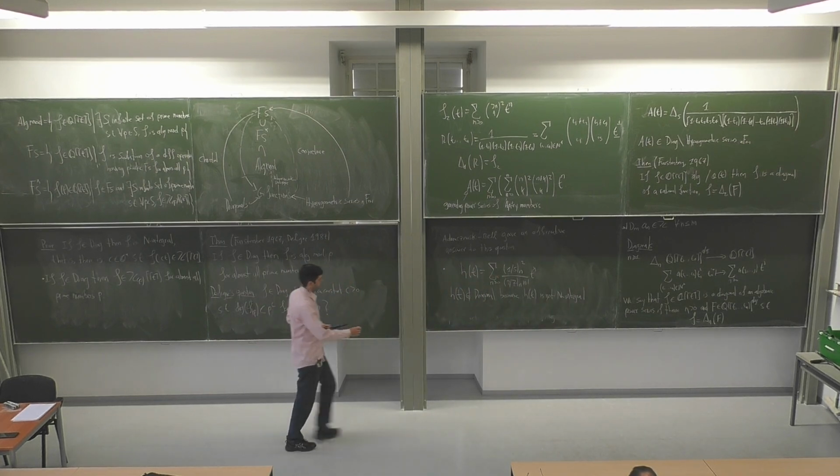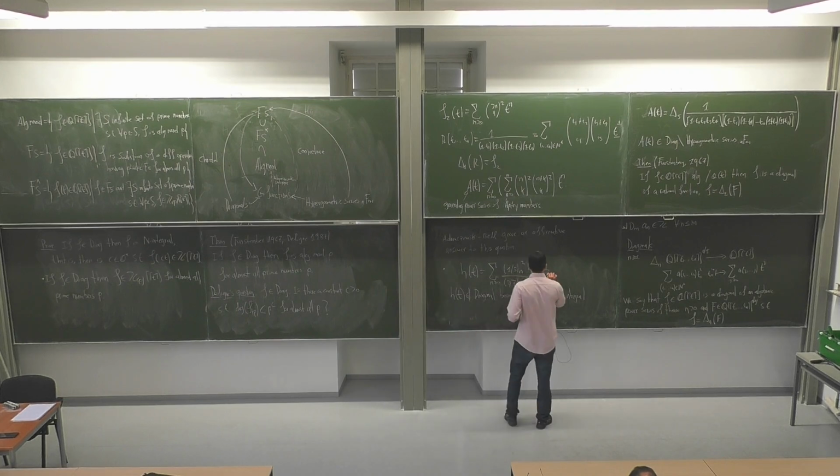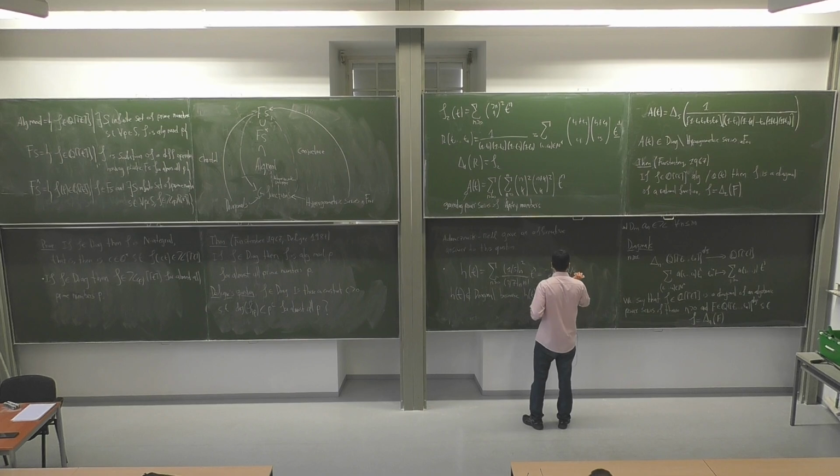Okay, that is the hypergeometric series 2F1 with parameters 1/5, 1/5, 2/5.